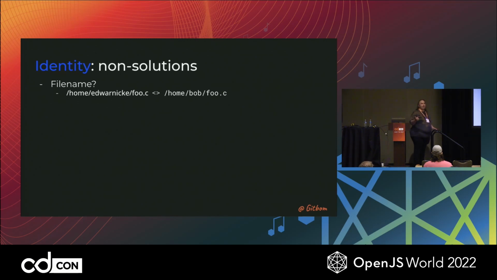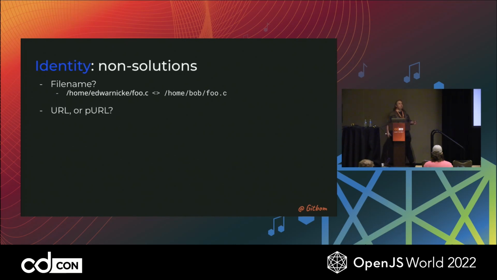They are non-canonical. Right? I may name the file foo.c with a path in my home directory, or someone else may name it as a path in their home directory. I can change the file under the same name, and it retains the same file name. It's not immutable. And it's also not unique. On different systems, I can have the same file name with entirely different contents.